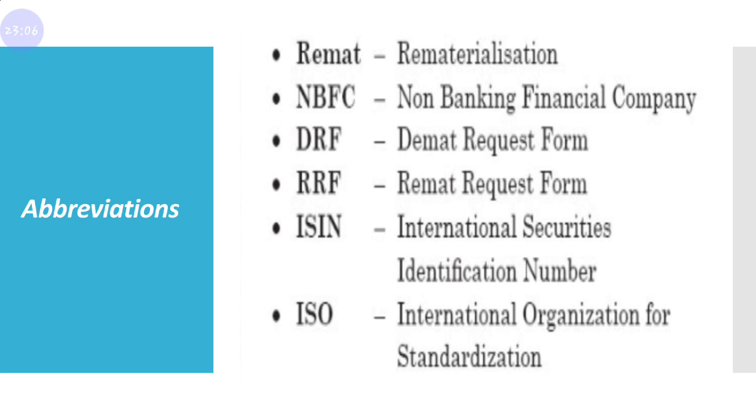This also we have learned in the previous session with one example, or else if you have not understood, you can go through page number 132 in your textbook. In the additional information box, you will get the entire detail of ISIN. Then we have also learned about the ISO, that is the International Organization for Standardization.